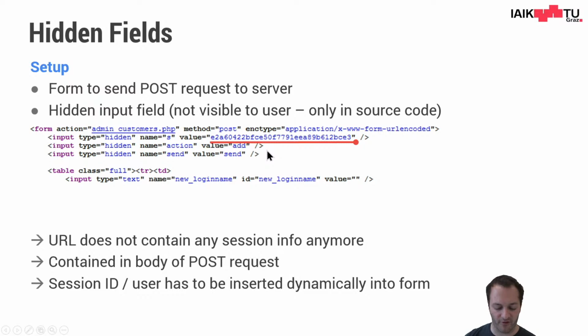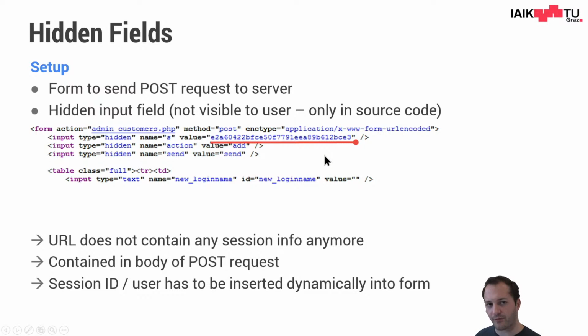And again, you've seen this example, this would be a regular SHA-1 hash. It doesn't have to be SHA-1, it can be arbitrary, but it should hopefully not be easily brute-forceable or guessable. So as soon as the user hits the submit button in this form, in addition to the other params, the session ID would be sent to the server.